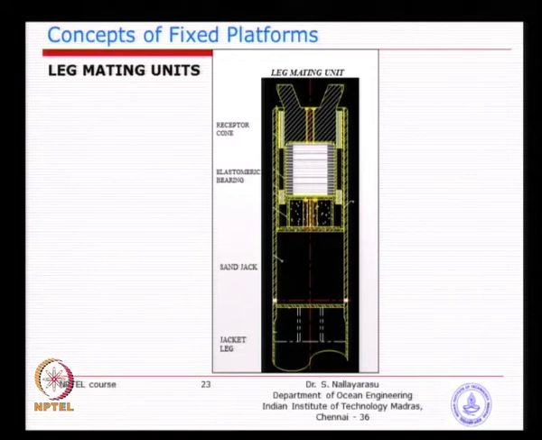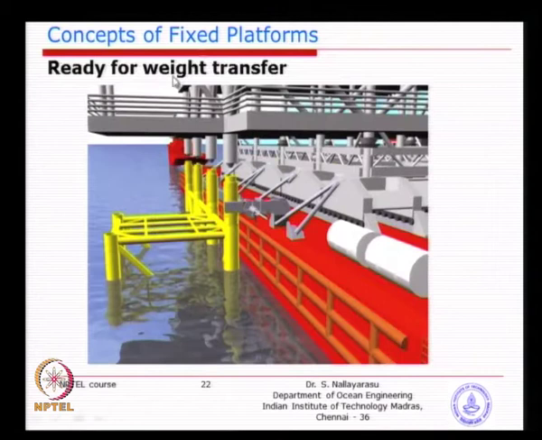All of you are able to see this, no, because this piece has to go inside, so that the deck can come and do the welding. So, basically that design has to be proper. This assembly is called a leg mating unit, nothing but a shock absorbing device placed inside. Sometimes what we do is exactly reverse it, we place this one inside the deck leg.